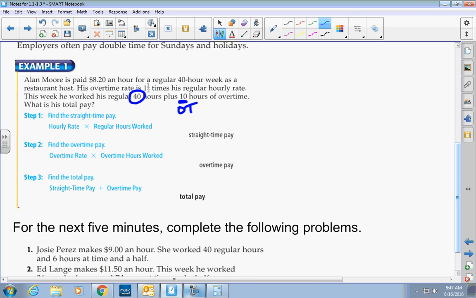What is his total pay? His hourly rate is $8.20, so write this down, times the 40 regular hours he worked. That's $328 in straight time pay.